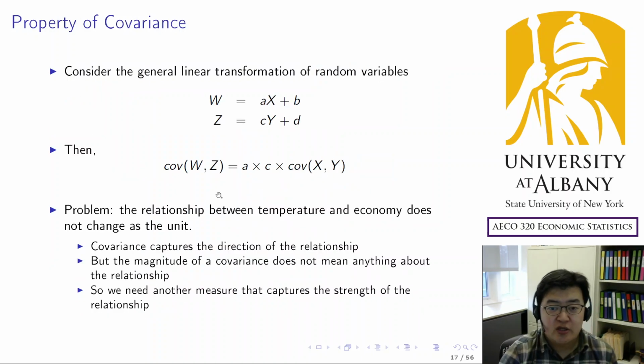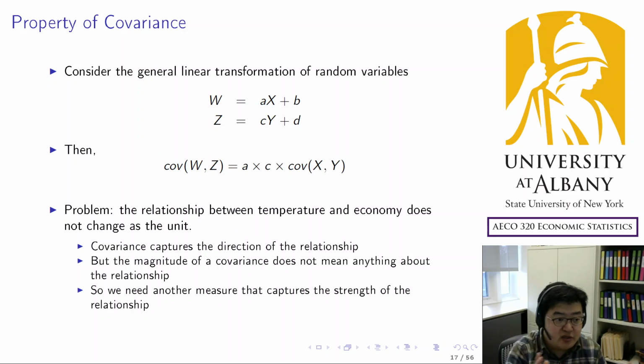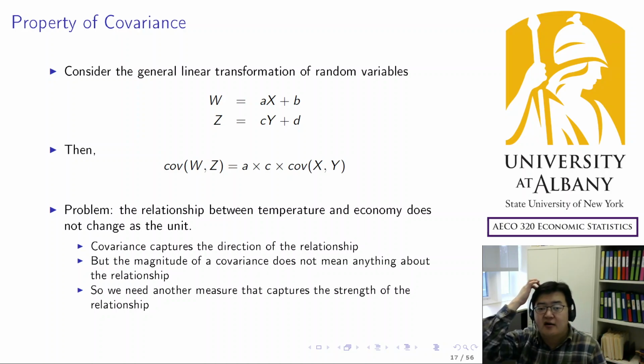Okay, so in the previous video, I showed you the property of the covariance when you linearly transform the original random variables. The result is intuitive, but it's not desirable. The covariance is not good as a measure of the relationship.